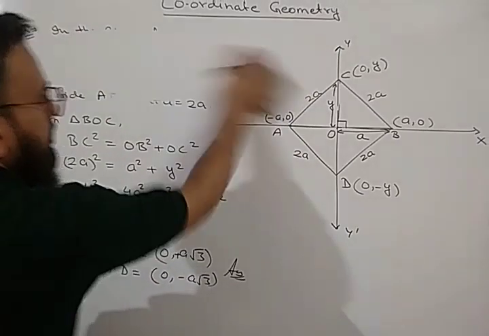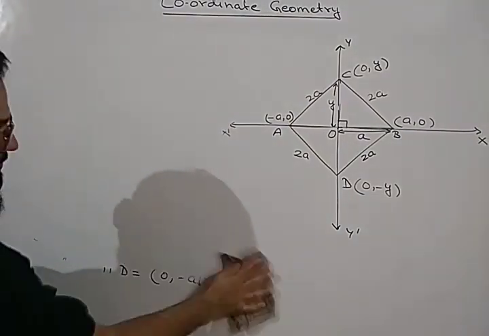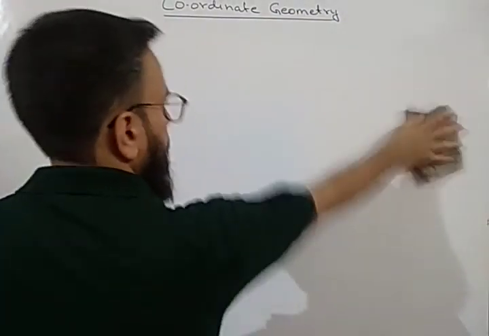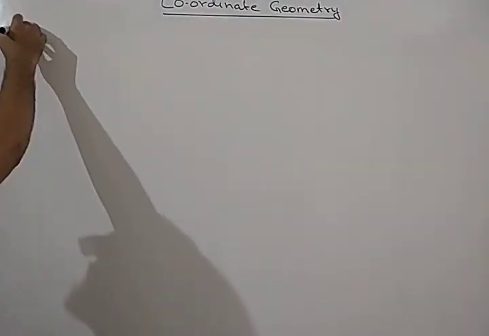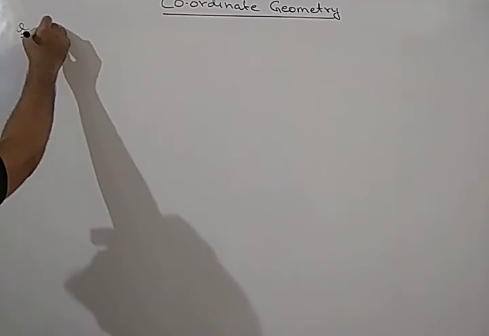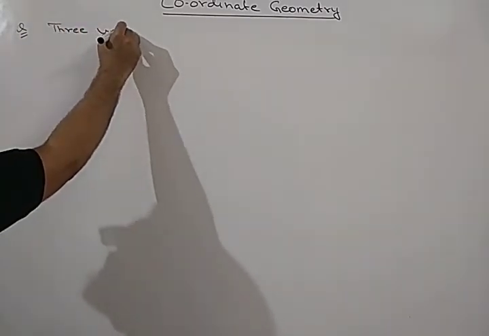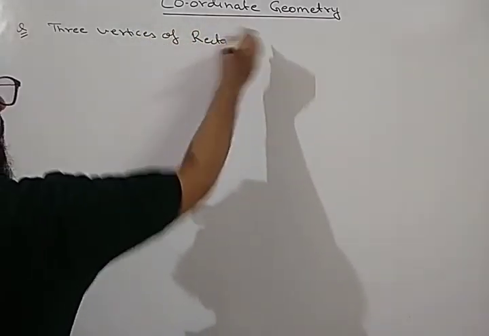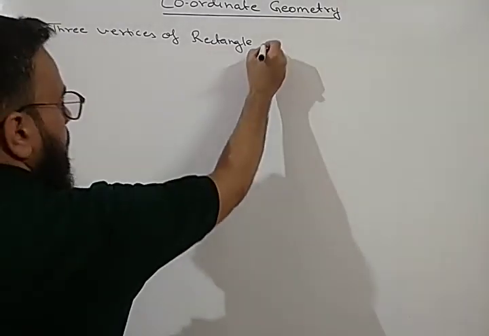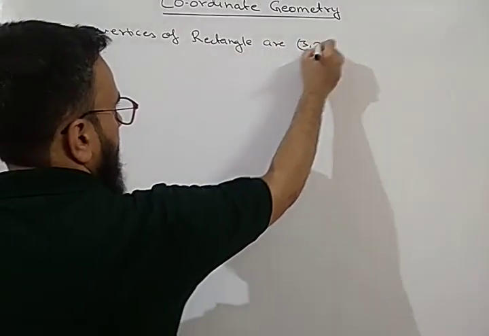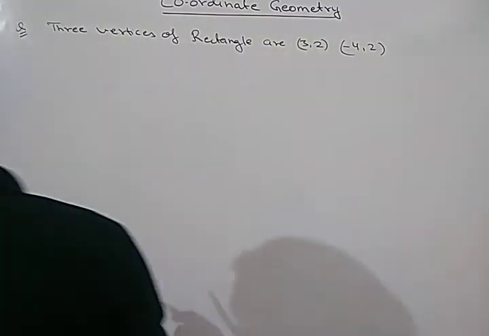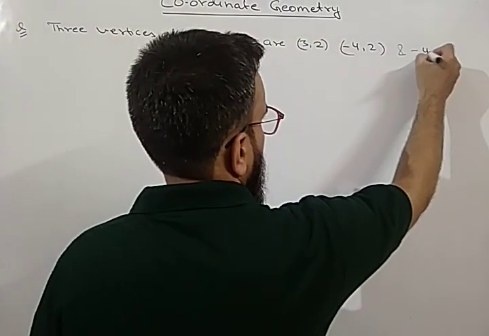Now coming to the next question, some different type of question. Now we are given 3 vertices of a rectangle. The 3 vertices of the rectangle are (3, 2), (−4, 2) and (−4, 5).